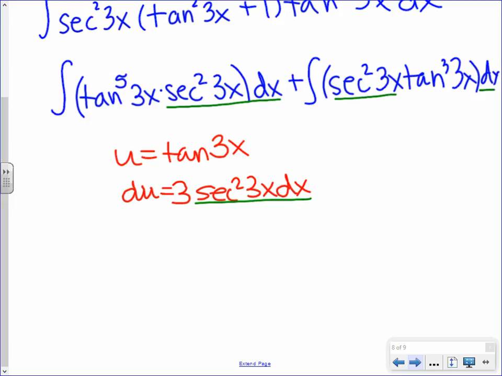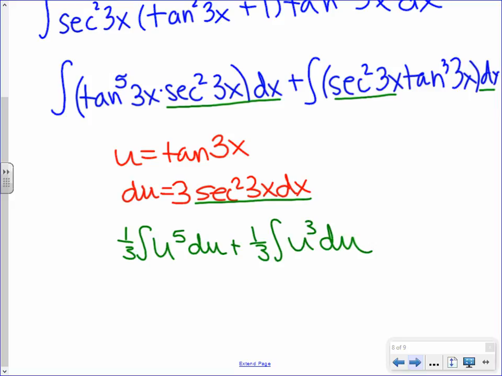So what we have is 1/3 integral of u to the 5th du plus 1/3 integral of u cubed du.